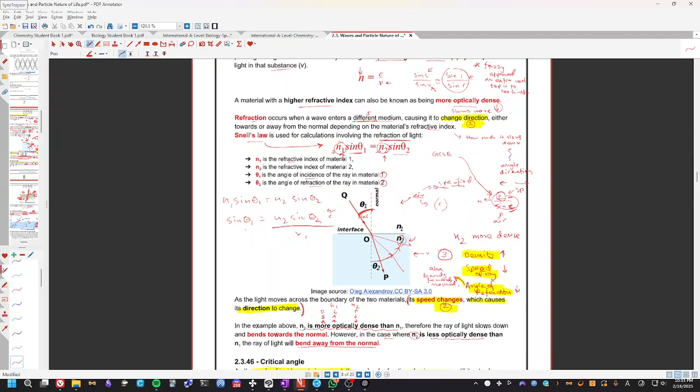That is not the right thing to do here. I want to find out the angle of refraction, so I would have to do n1 over n2 times sine theta 1 equals sine theta 2. It's the same thing, but this means that as sine theta 1 increases, this will increase, but as n decreases, or rather increases, this will decrease.